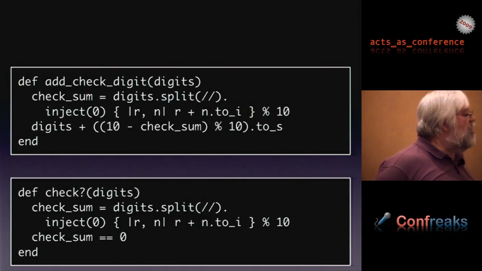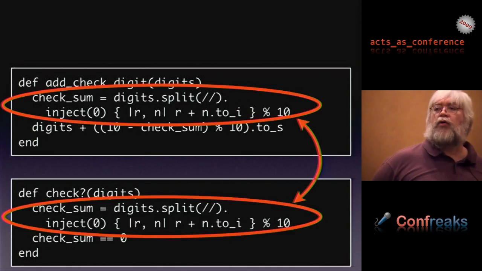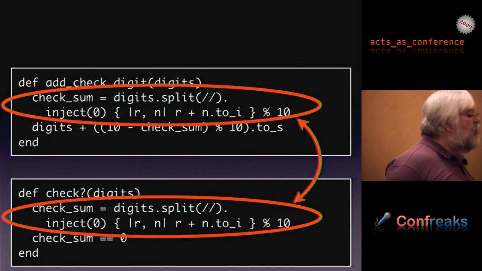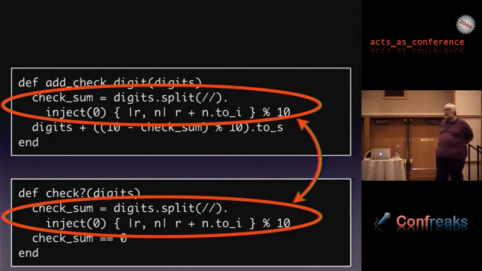And that is called kinesis of algorithm, because the two pieces of code must agree on the algorithm being used to calculate that checksum. Now, this is a really trivial and silly checksum method, true, but it illustrates the point. They have to agree. If I were to update this to use some fancier cryptographic method, I have to change both places. And actually, the duplication here is a little bit bothersome. I'm doing the same thing twice.